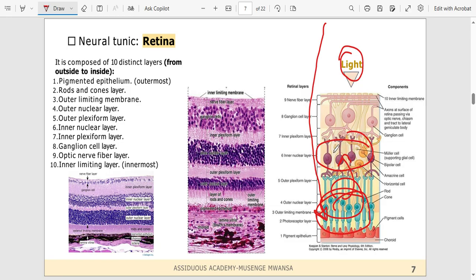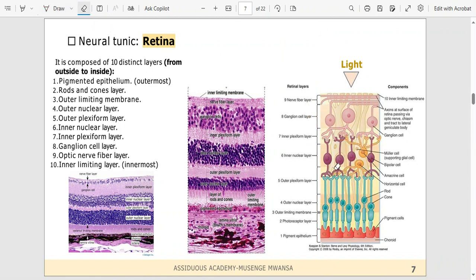When the bipolar cells are stimulated, they also release neurotransmitter that is going to stimulate the ganglion cells. Ganglion cells are now going to carry an action potential via the nerve that these cells will be forming. So these will form cranial nerve number 2, which is the optic nerve.